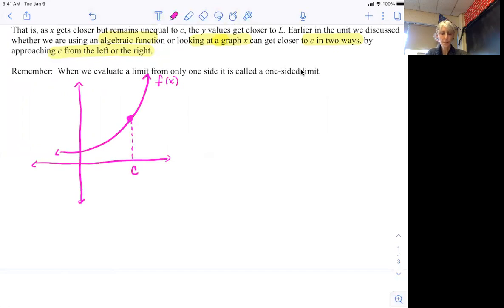there's my c. x approaches c from the left. x approaches c from the right. My left limit, my right limit. If those two match, let's just use n this time, our limit is going to be some number.